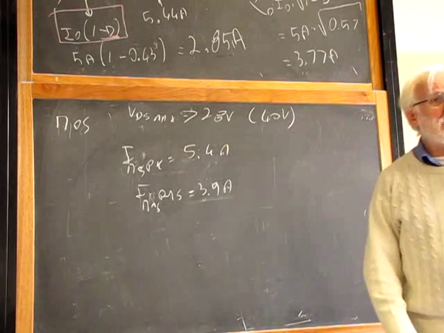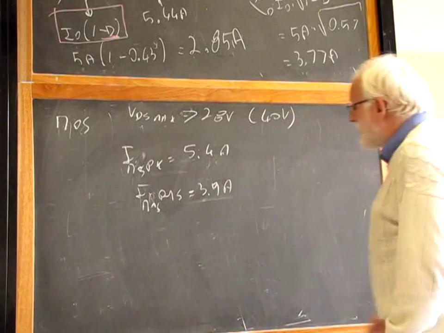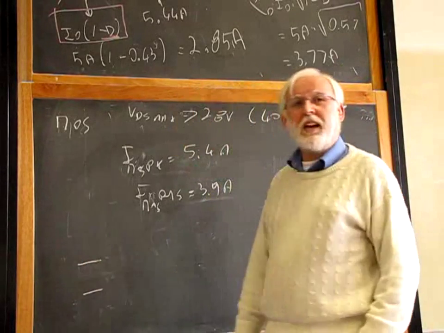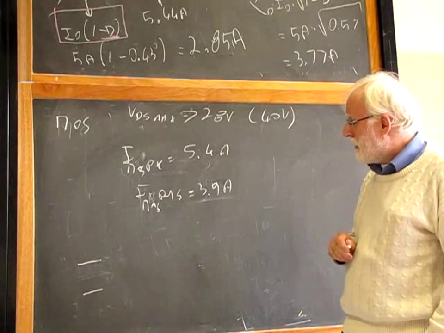Well, these numbers are not enough to choose the diode and the MOS transistor. MOS transistors have two important specifications when you go to the catalog to look for a suitable part.